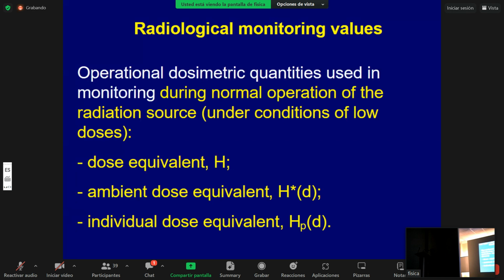Ambient dose equivalent is for monitoring the radiation field in order to evaluate the effective dose and other radiological protection quantities. And also individual dose equivalent is for monitoring external human exposure for the purpose of evaluating effective dose and other radiological quantities.